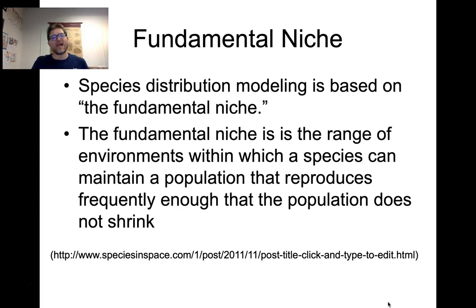The ants cannot live happily and reproduce and survive in that environment where there's not enough food. On the other hand, an environment where there's a lot of food is within the fundamental niche of an ant. The ants in that environment can thrive, reproduce, grow in population size, or at least stay the same in population size.